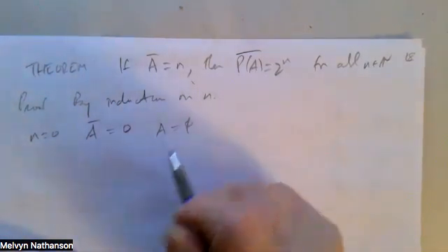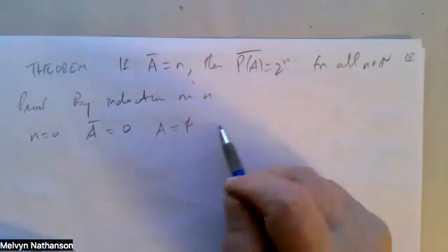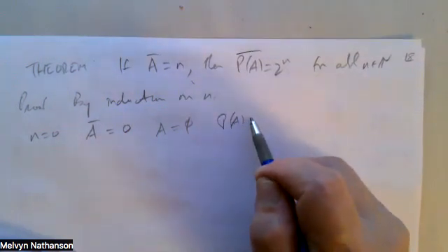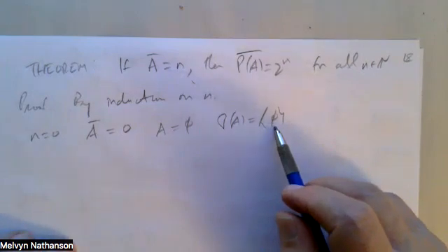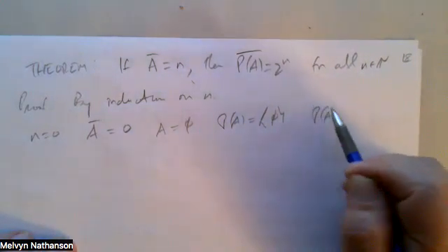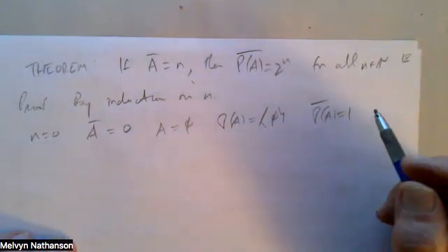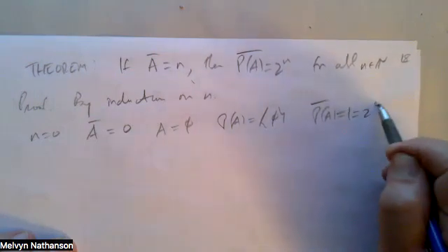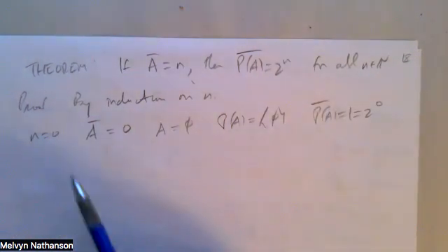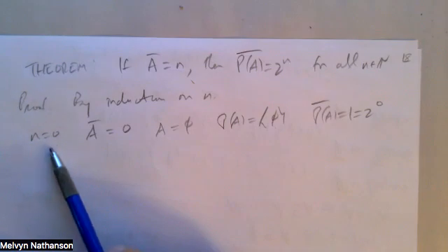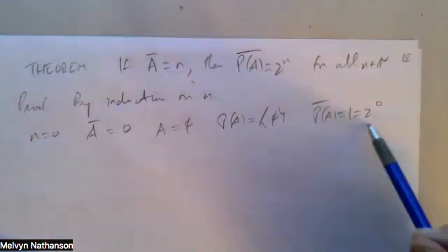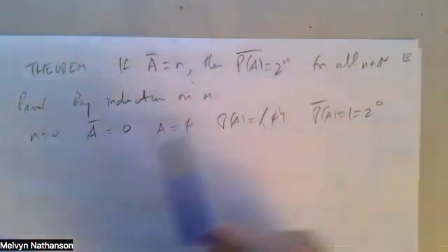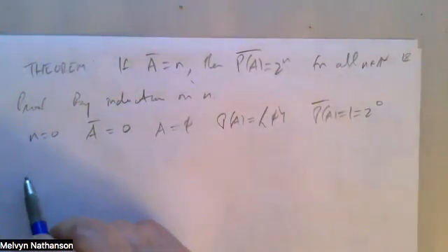So A can only be the empty set. And what is the power set of A? The only set in the power set of A is the empty set. So the power set of A contains one element, 1, which you'll notice is 2 to the 0. So when n is 0, the power set has 2 to the 0 elements. So this statement is true for n equals 0.